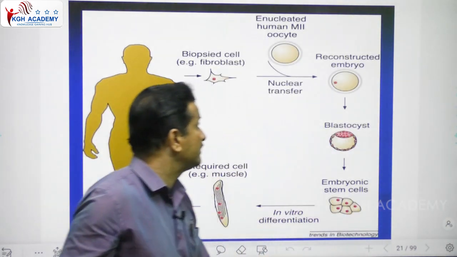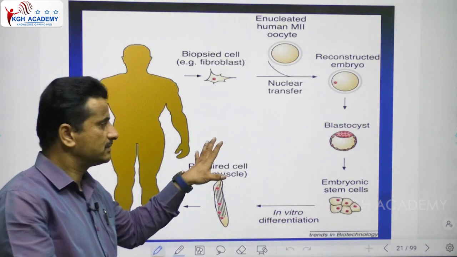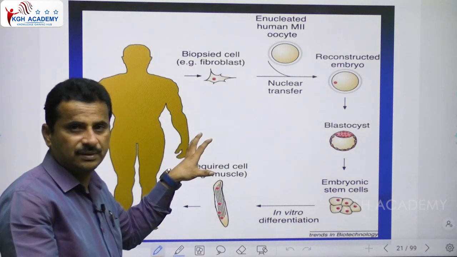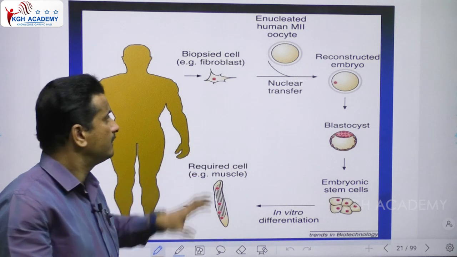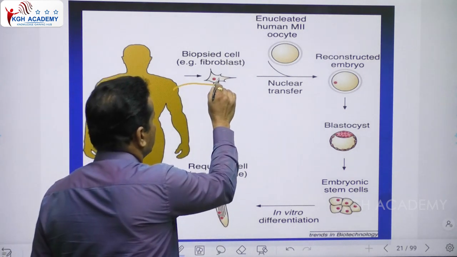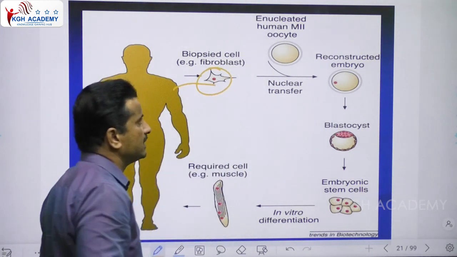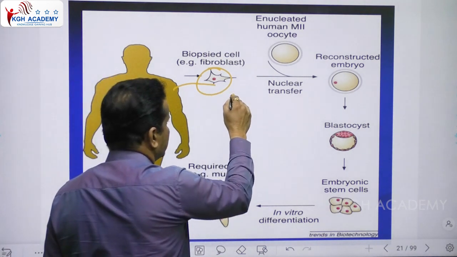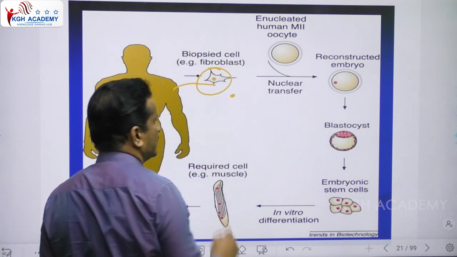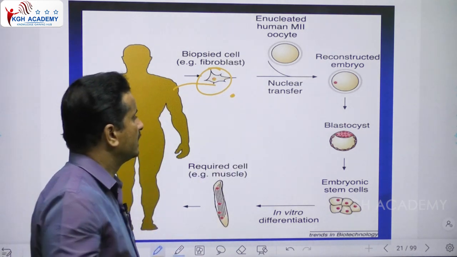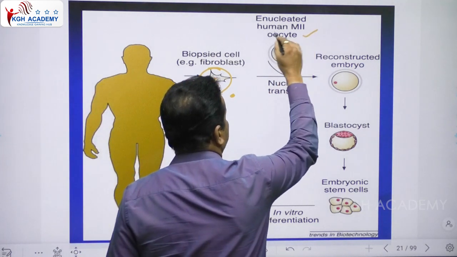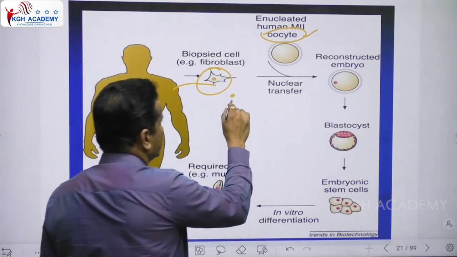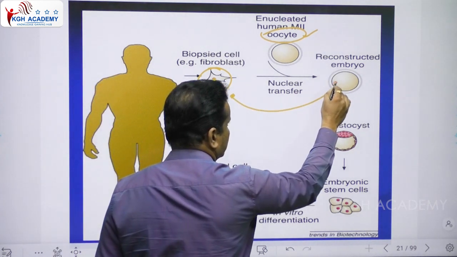To understand this, here I am giving a slide. This is therapeutic cloning. Here, what are we doing? We are isolating a body cell, a somatic cell, and separating the nucleus. From a female, we take an oocyte, meaning an egg, and we transfer the nucleus into it.